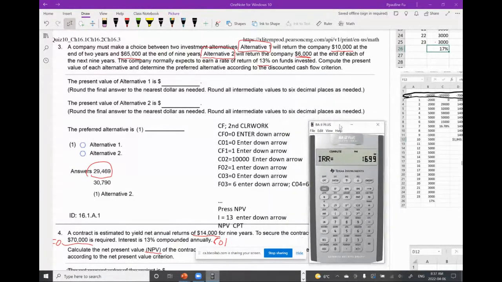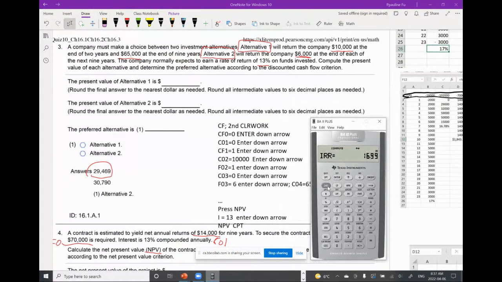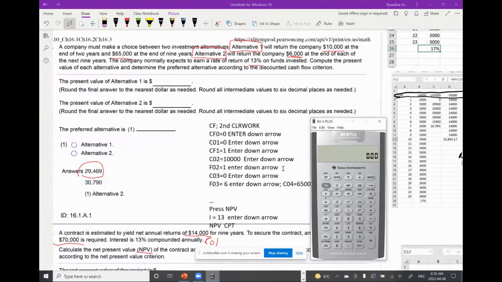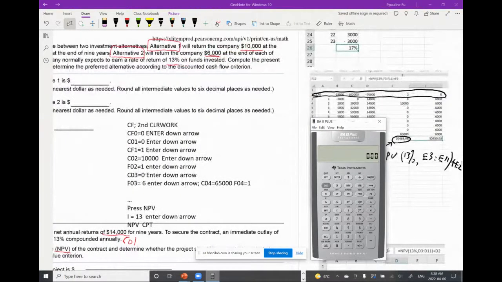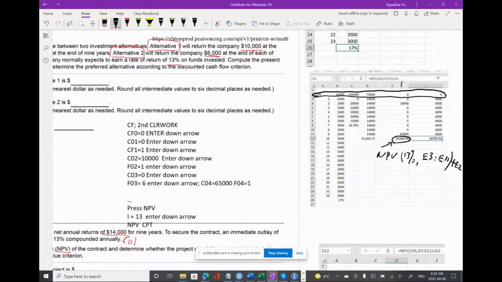When you use the calculator CF function, go to second quit first. This column is my alternative 1, this column is my alternative 2. I need those numbers when I use the calculator. The calculator instructions are also specified here.